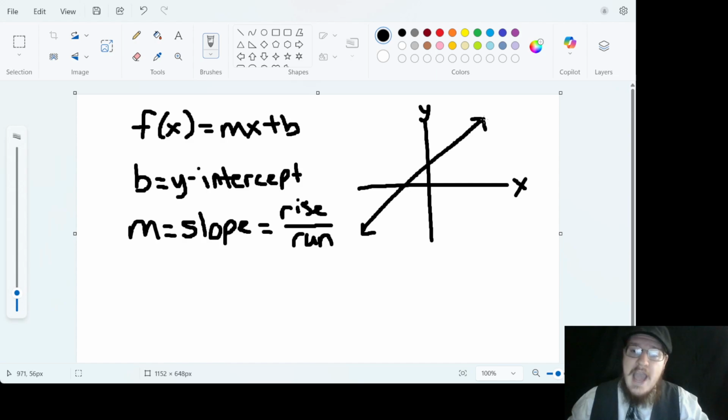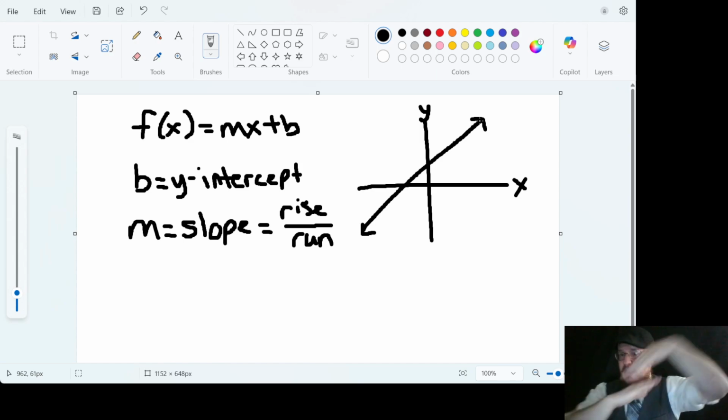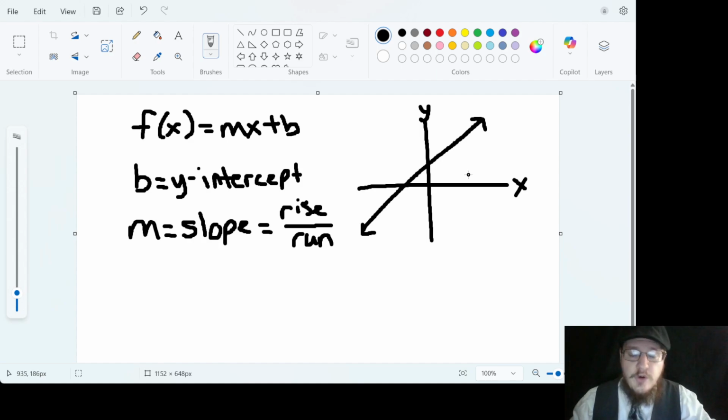So you need to make sure you add your arrows onto your graph, because unless we establish that the function ends at this point and this point here, then that graph's going to go on forever, whichever direction we're going for it, whether it is a higher tiered power, such as x squared, x cubed, x to the fourth, and so on and so forth. The graph goes on forever unless we establish that it has specific stopping points.